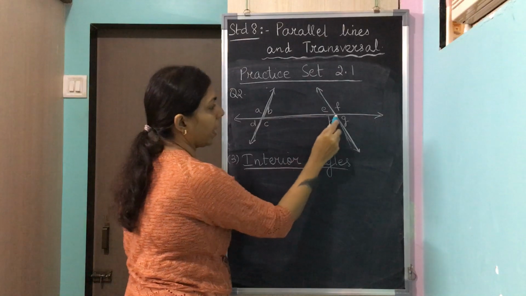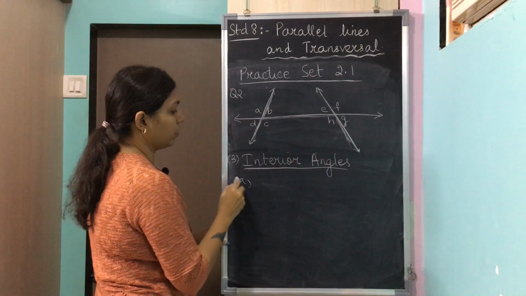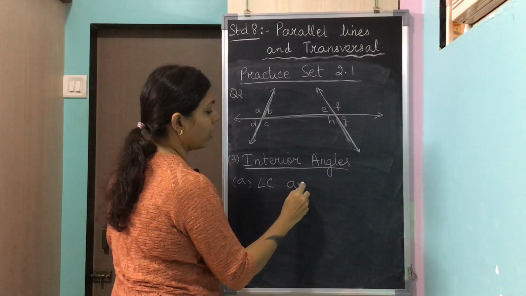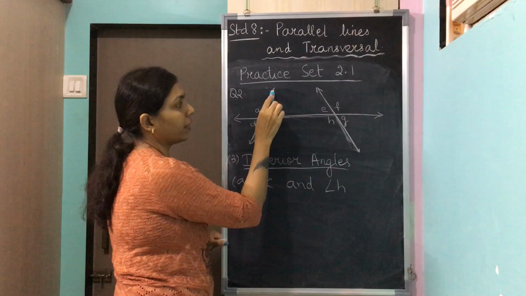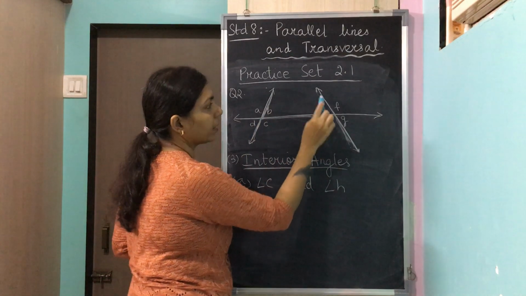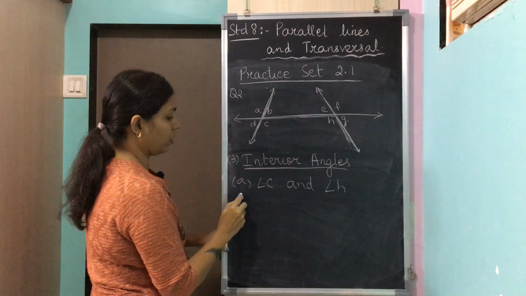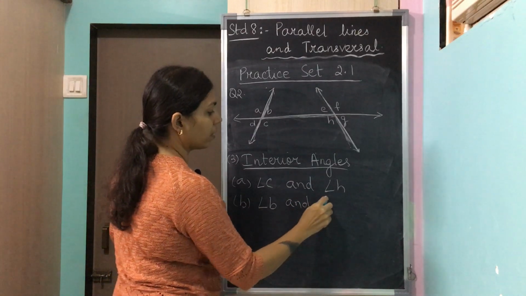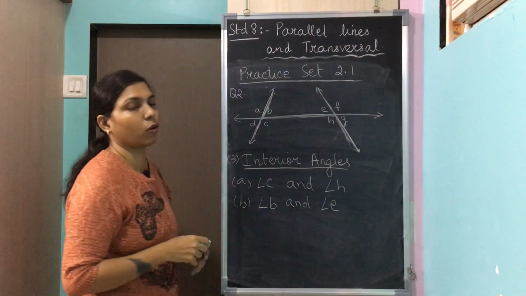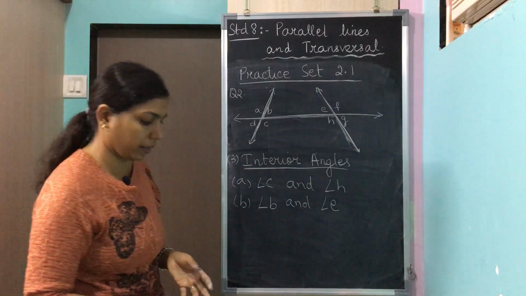So the first one is angle C and angle H, and if we have a look on the other side, the other one is angle B and angle E. Okay, so these are your interior angles.